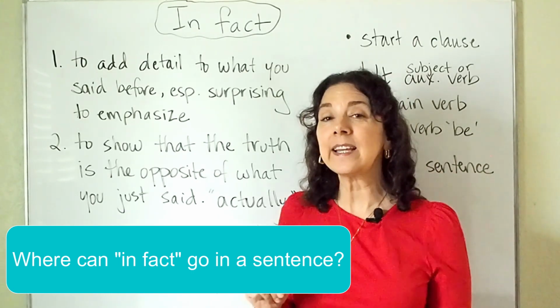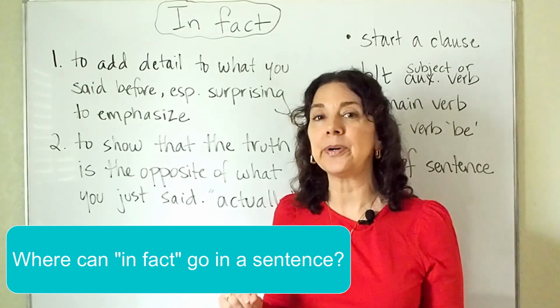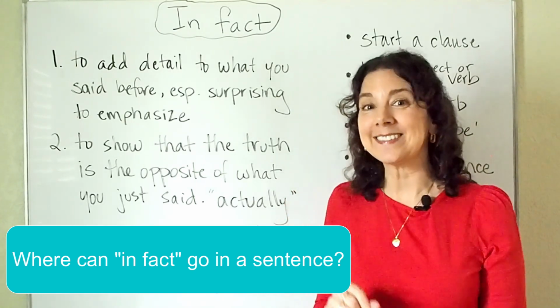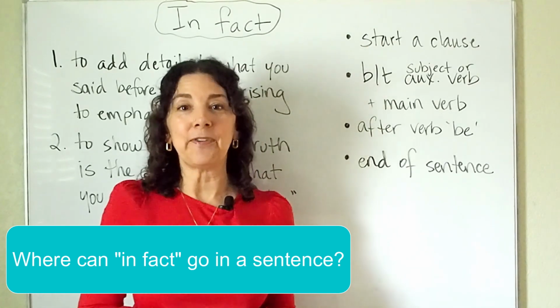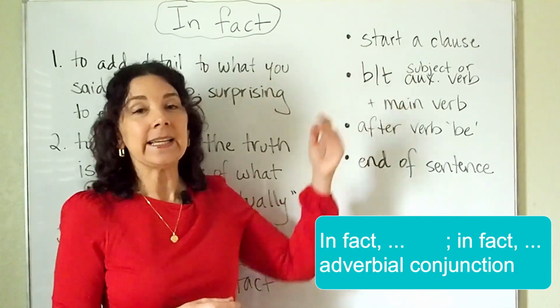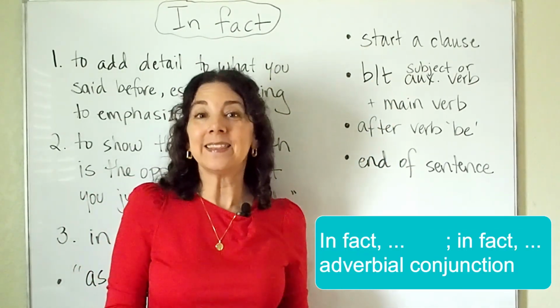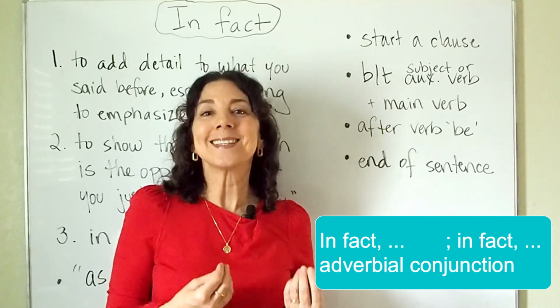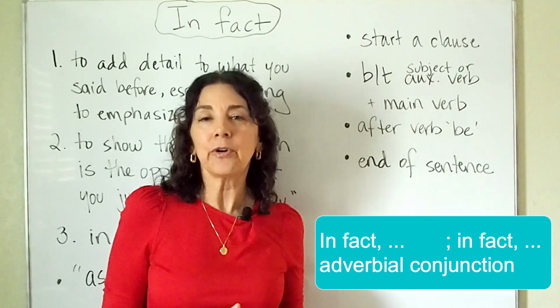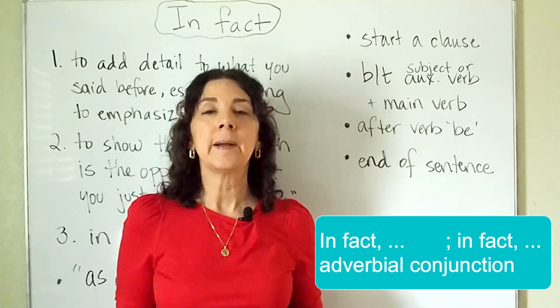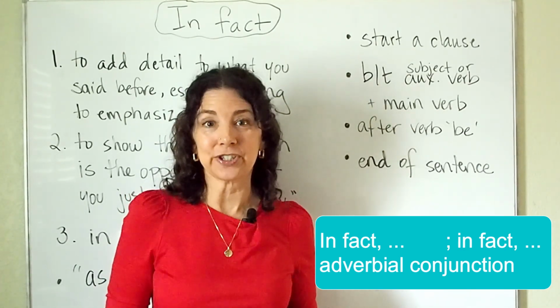Okay, so now that we know the two uses of "in fact" and we've seen some examples, let's take a look at where we can put "in fact" in the sentence. So the most common place where we put "in fact" is at the beginning of a clause. In this way, it is used the same way as "however" or "therefore" or "to be honest," like an adverbial conjunction.